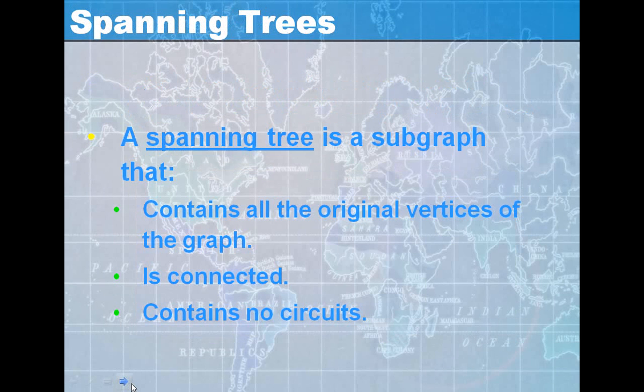A spanning tree. Well, tree says that it is connected, and no circuits. Spanning means that it covers everything. It goes to all the points.